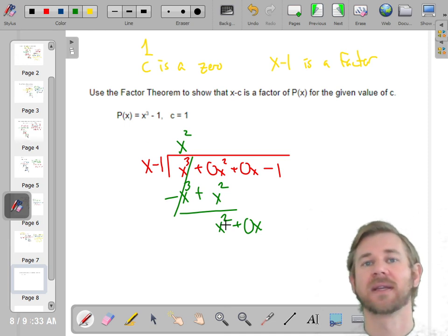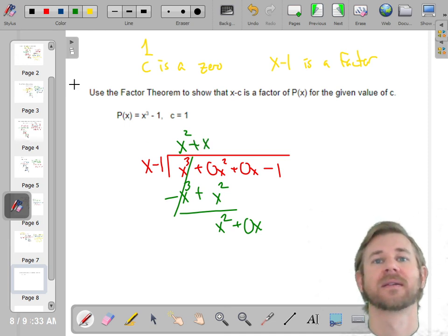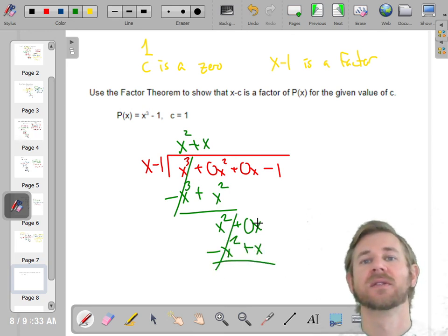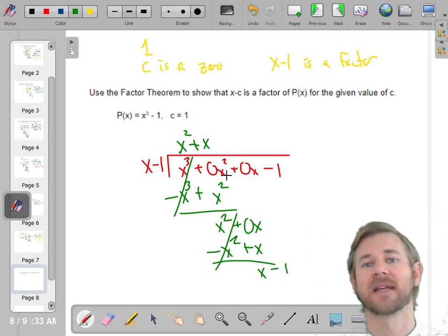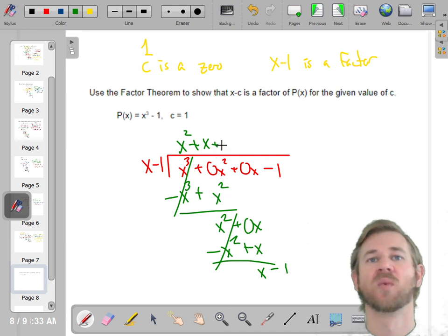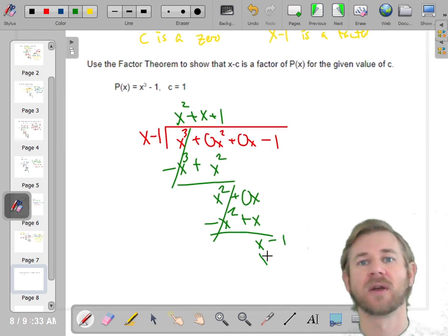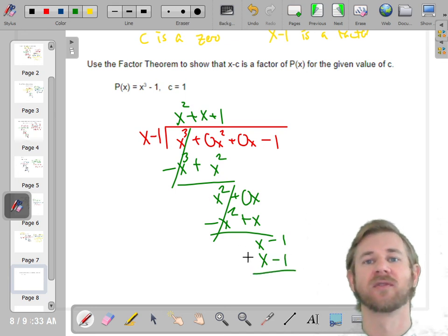X times what is x squared? X, distribute an x squared minus x plus 0 plus 1x is 1x, x minus 1. And then x times what gives you x? That would be 1. Distribute a 1, 1x minus 1. Oh, look, same thing.